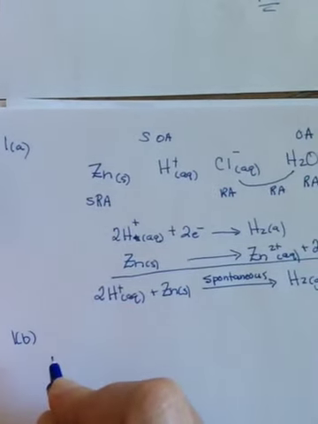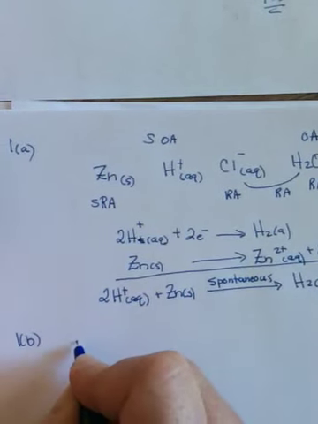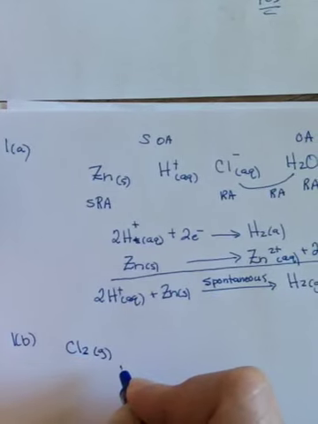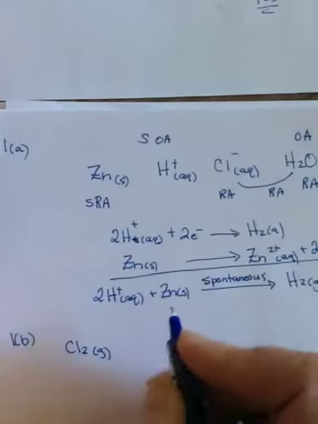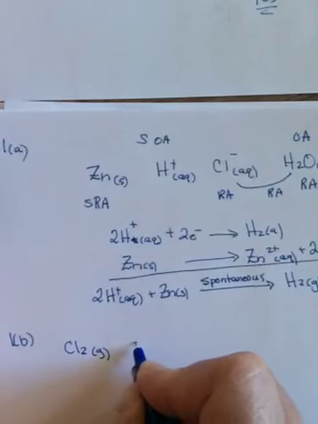1B says, in industrial production of iodine, chlorine gas, Cl2 gas, is bubbled into seawater containing iodide ions.